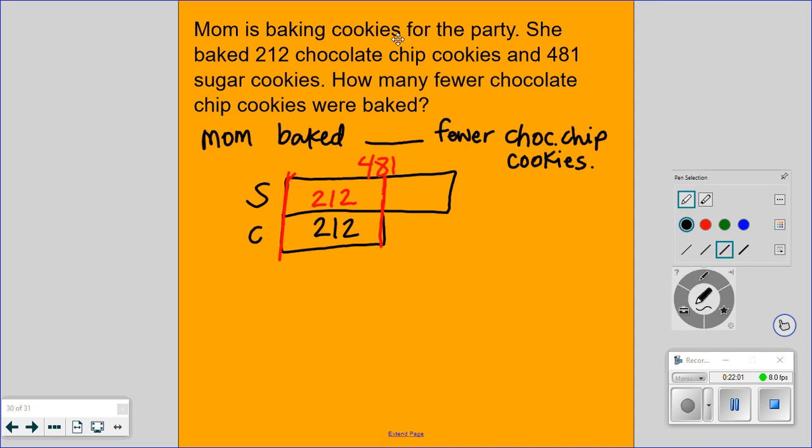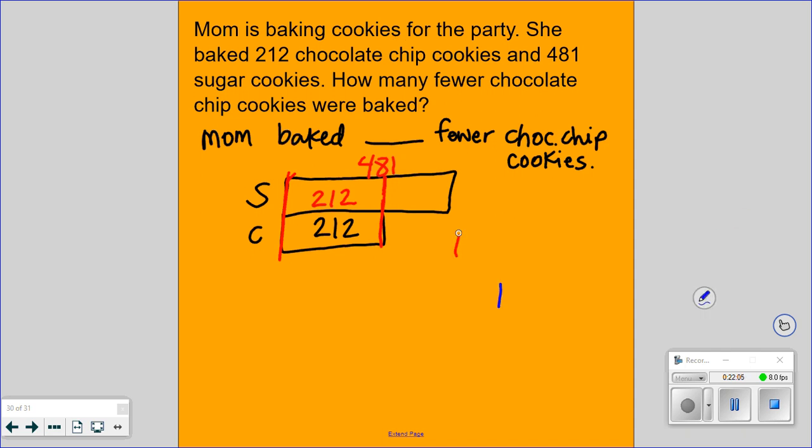Let me explain it this way. Let me get my marker a different color, make it a little bit easier. If I were to have the exact same number of sugar cookies as chocolate chip cookies, my line of equality would be here. But we know it's not really there, because we don't have that many chocolate chip cookies. We have a mystery box right here.